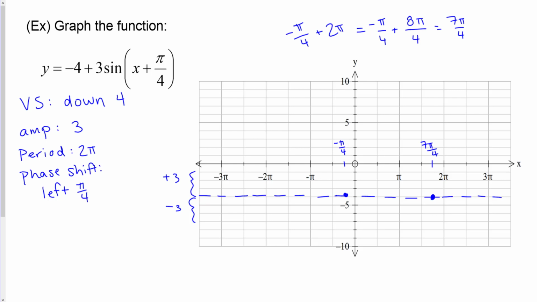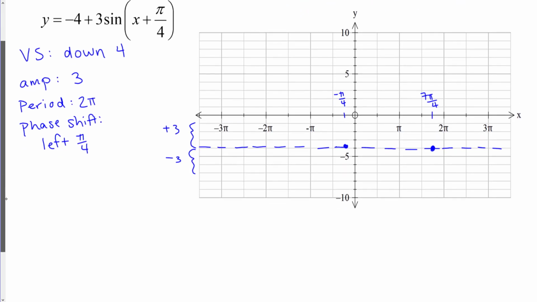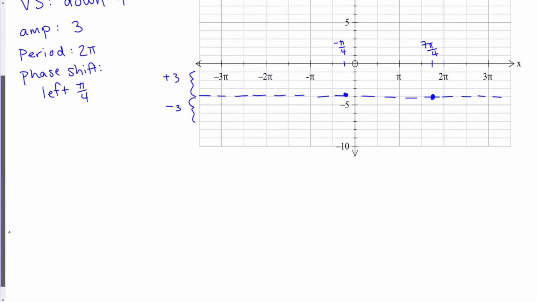So the graph of sine goes up and reaches its maximum, usually by pi/2. So let's sketch this out as to what this is going to look like.